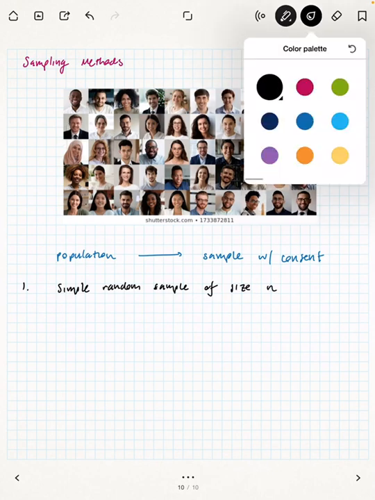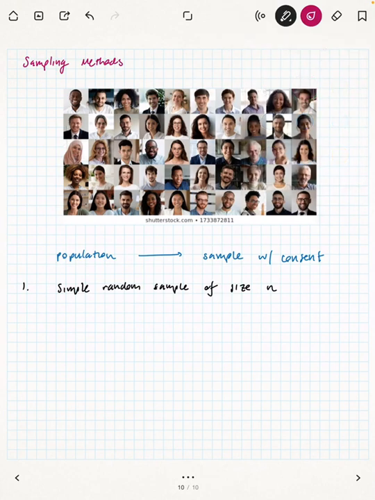One really important thing to note here is that sample size is a fixed number of subjects that we'll need for our sample. There are some really important effects of sample size that we're going to get into much later on.